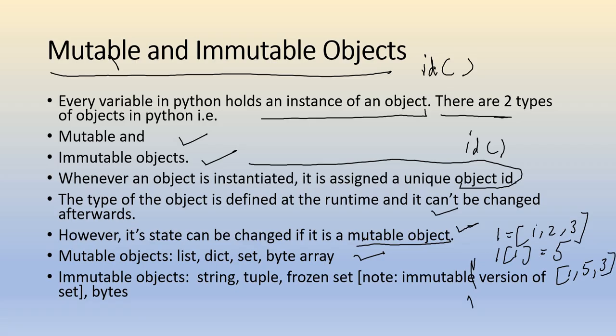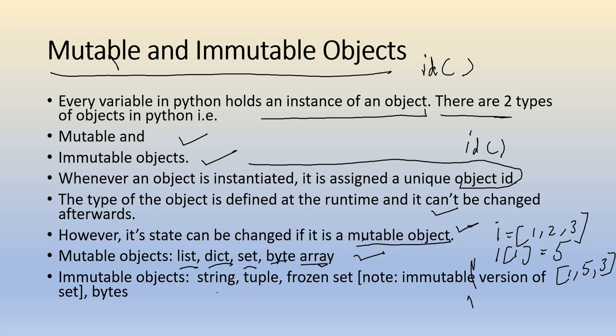So you can change the state because list is one kind of mutable object here. You can change the state of objects like list, dictionary, set, byte array, etc.